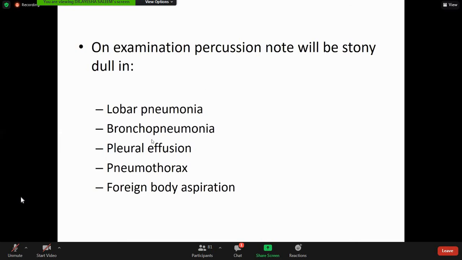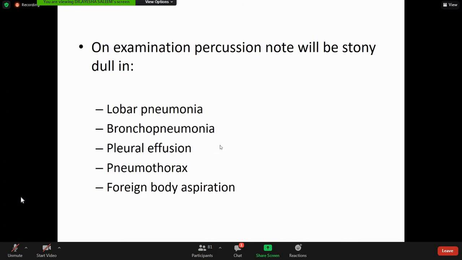On examination, the percussion note will be stony dull in which condition? Lobar pneumonia, bronchopneumonia, pleural effusion, pneumothorax, or foreign body aspiration? Anyone, please? It's not just dull, it's stony dull. We have already discussed the auscultatory findings.